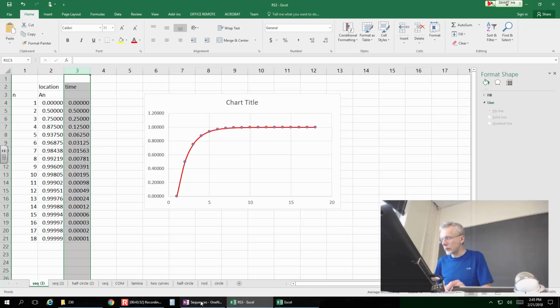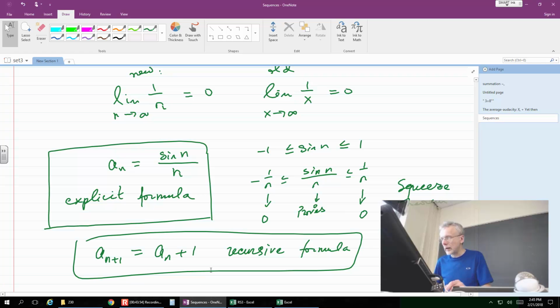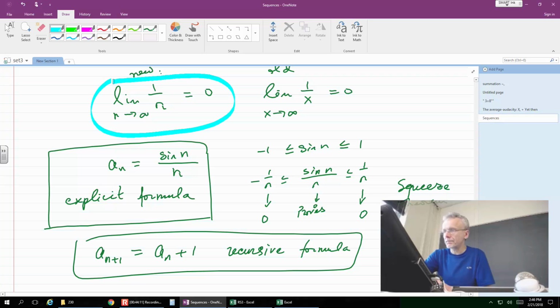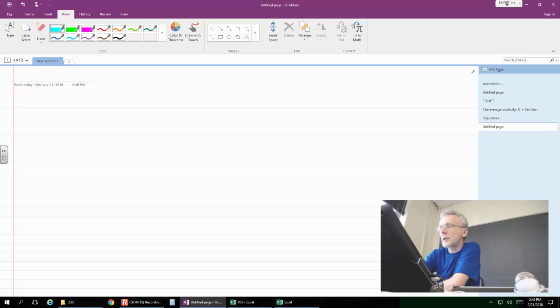At this point, we'll study sequences in a more focused way, concentrating almost entirely on limits. So now it is going to be about limits of sequences.